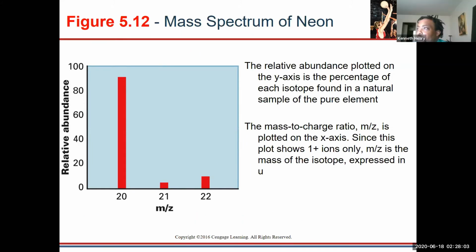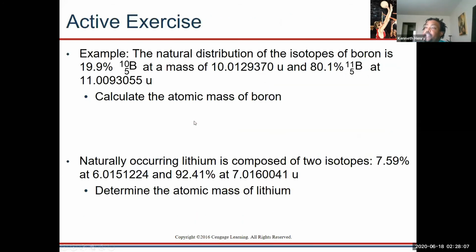Okay. Now that you have the idea, we'll give you an example. The natural distribution of the isotopes of boron is 19.9%, and that's boron 10. So in this case, you want to use the AMU, which is for units, or U. So you want to use the mass that they give you.